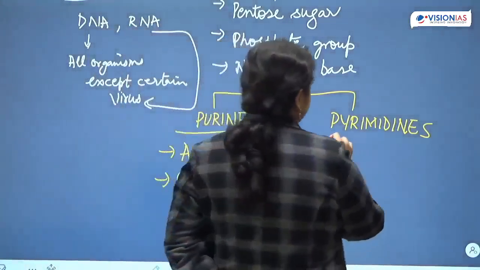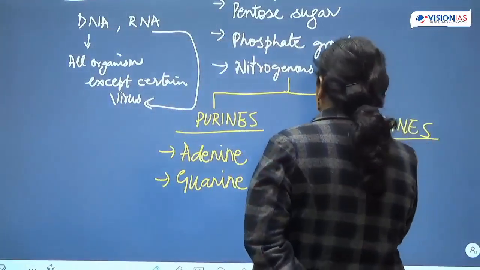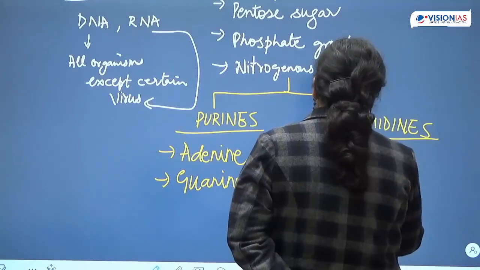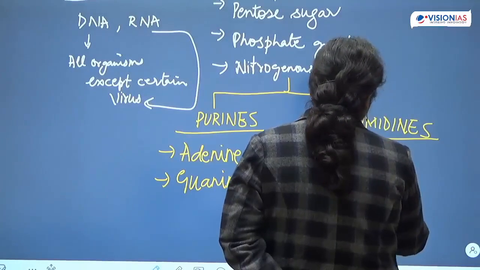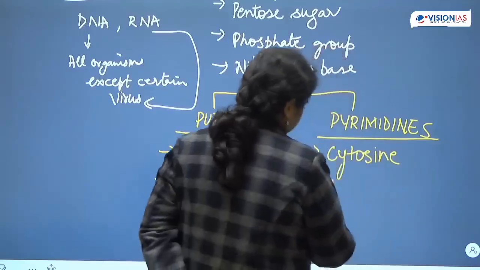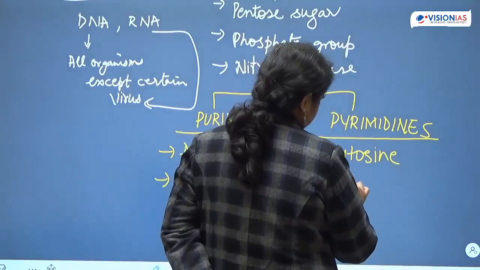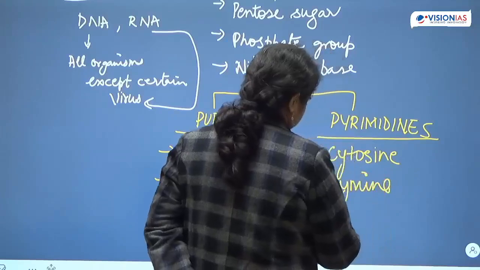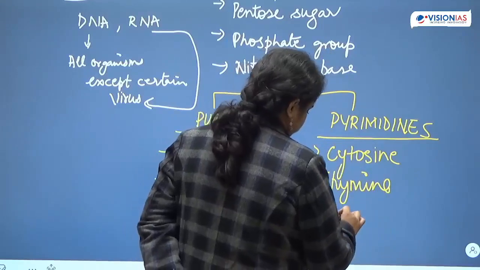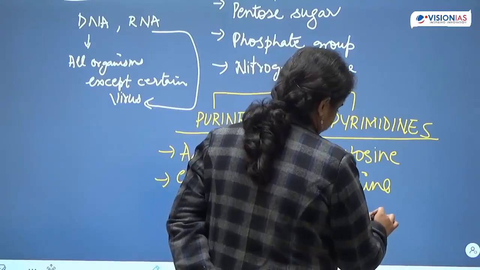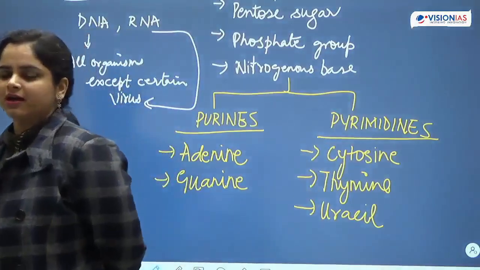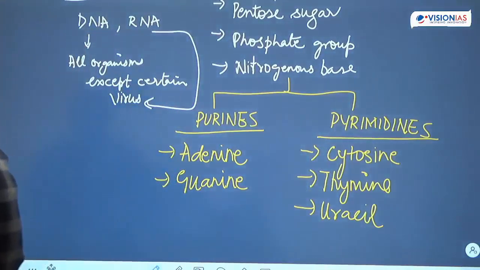And in pyrimidines, we have three: cytosine, thymine, and uracil.